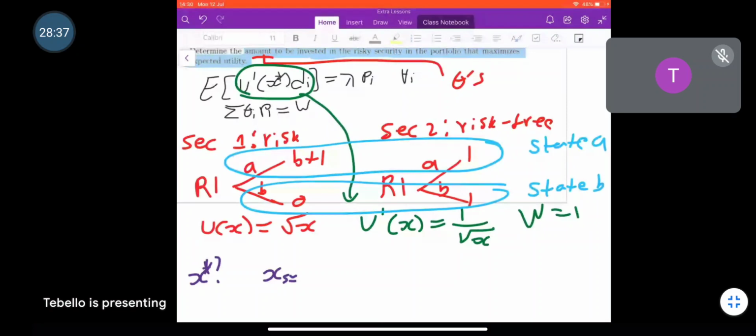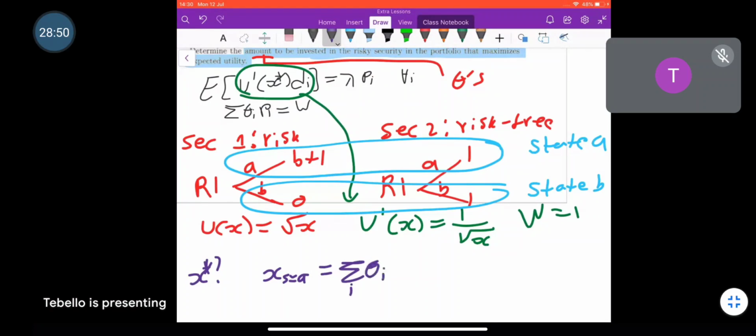Okay, so if state A happens, the payout will be this. It's going to be the sum of the thetas i times the payout, right? So for state A, it depends on the amount of security 1 you buy.